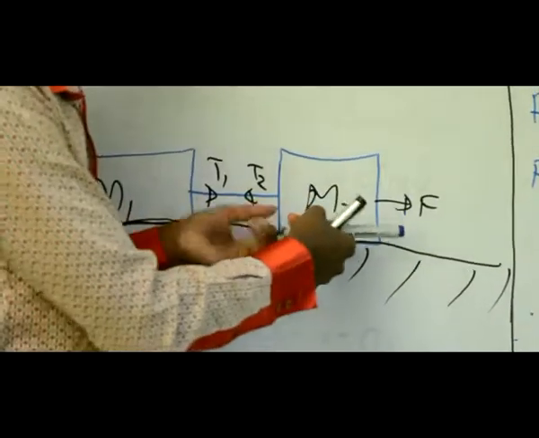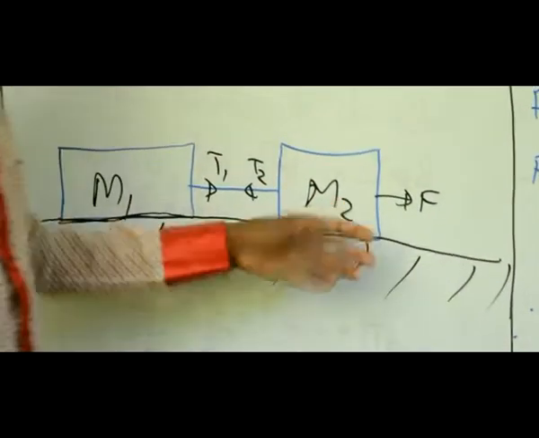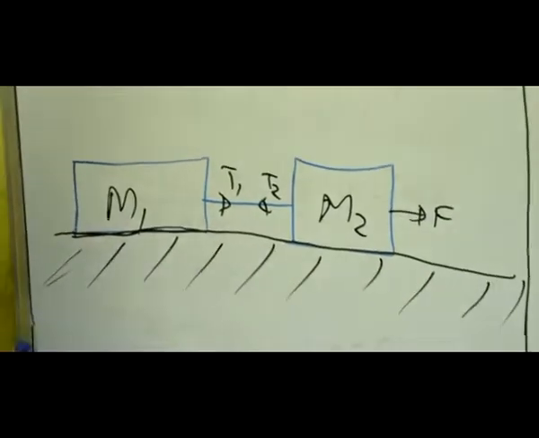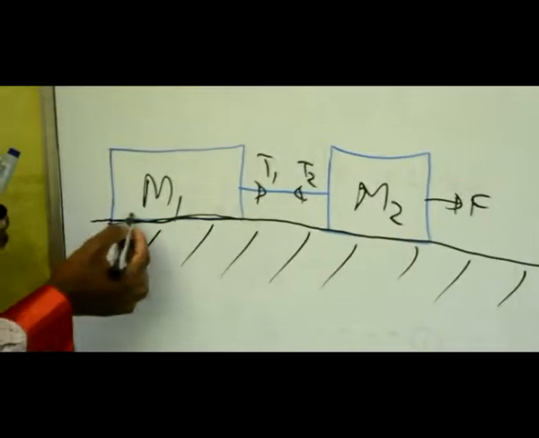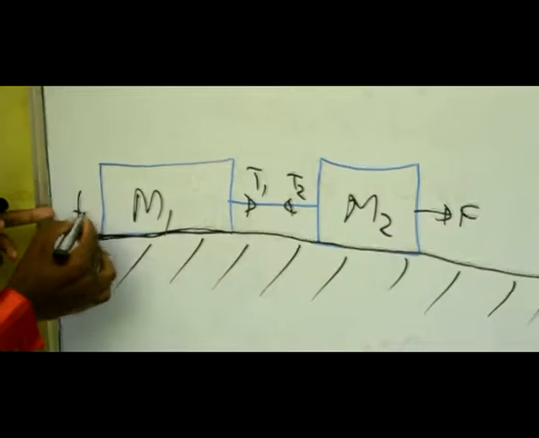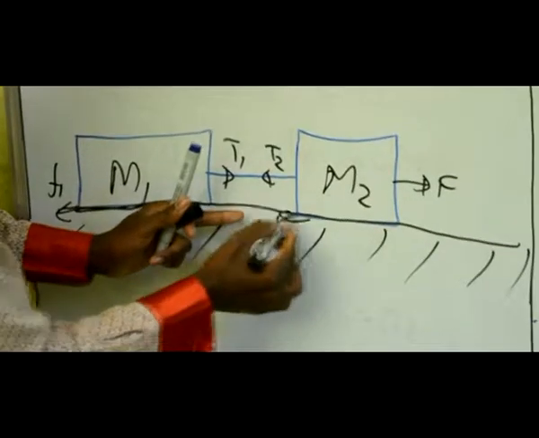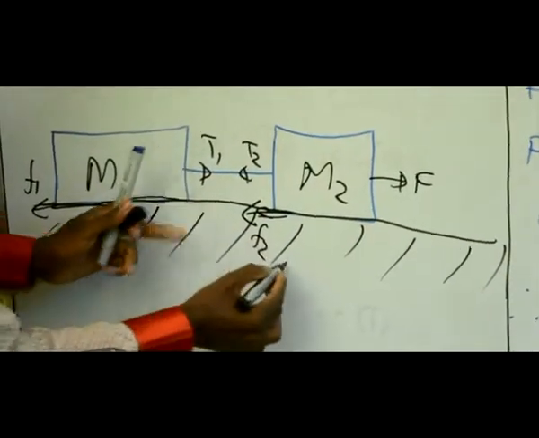Likewise, there is a friction force existing on mass 2 opposing its motion. Now, the friction force on mass 1 is F1, and on mass 2, opposing the motion, it is F2.